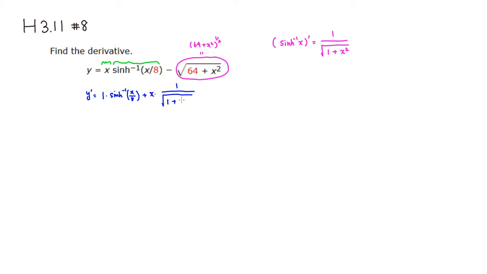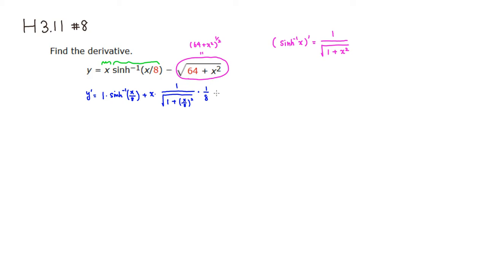So instead of x, we have to put x over 8 squared. Then we have to multiply by the derivative of the inside, which is the derivative of x over 8, which is 1 over 8. Then we're done with the first term.